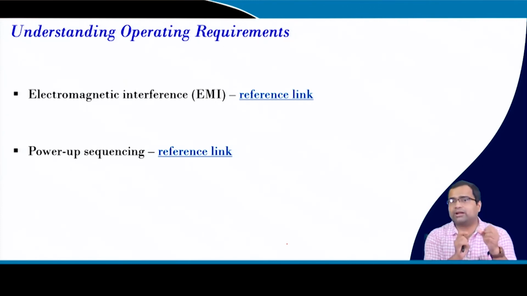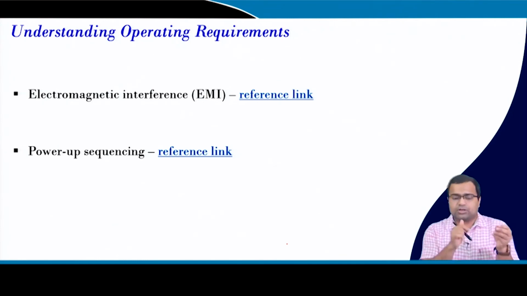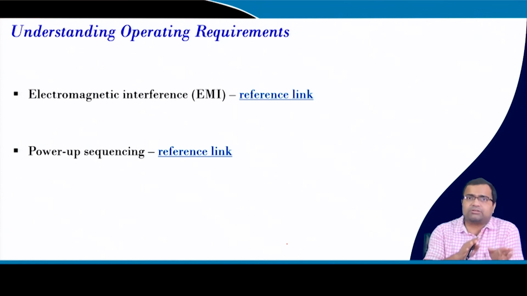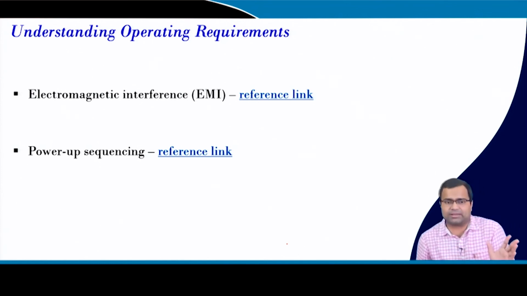So, we cannot accommodate all transient events happening at the same time, or the battery will collapse. So, we have to create a sequence of transients, so that we can reduce the burden on the battery, and that is also important.